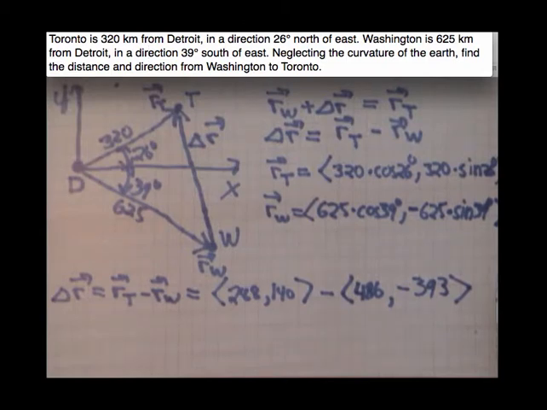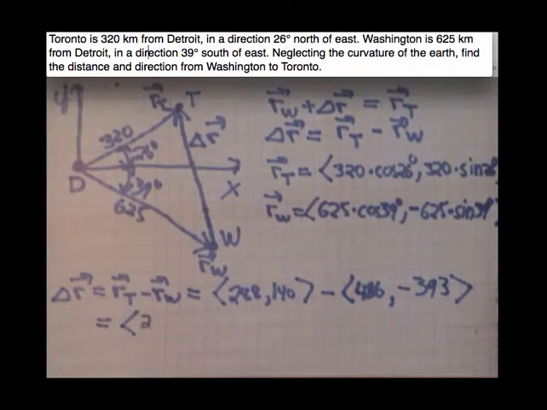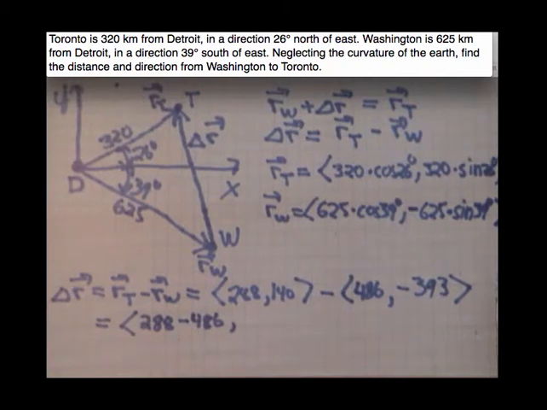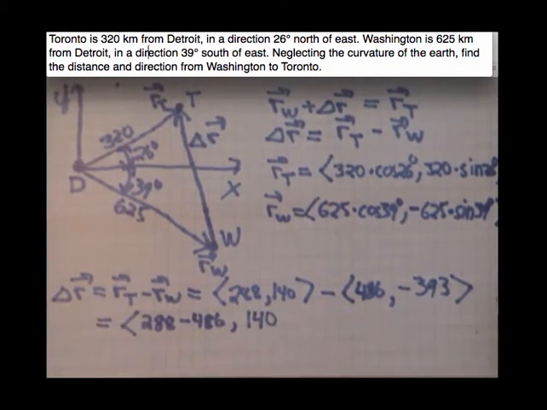And then to subtract two vectors, all I've got to do is subtract component by component. So the x component of delta R is obtained by taking 288 minus 486. And the y component of delta R is obtained by taking 140 minus negative 393.